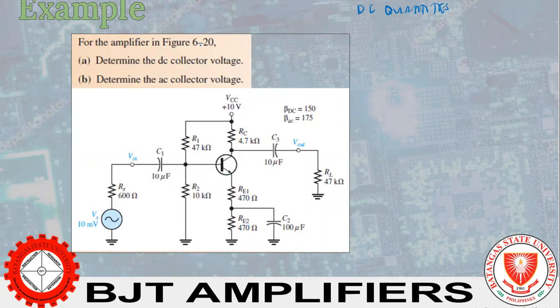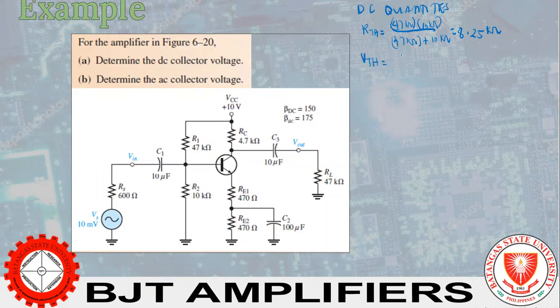So, DC quantities. Kinukuha natin si RTH. So, kuhanin natin si RTH which is R1 times R2 over R1 plus R2. So, 47 kilo ohms times 10 kilo ohms over 47 kilo ohms plus 10 kilo ohms. And makakakuha tayo ng 8.25 kilo ohms. And then, kuhanin natin ang VTH.